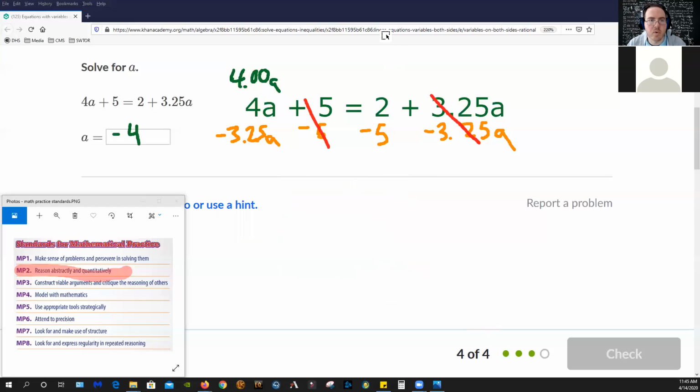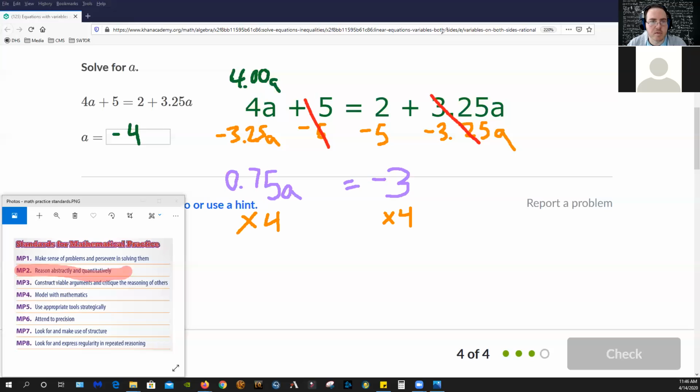Okay, so let's rewind back to where we had 0.75a is equal to -3. And just because I've got an intuition, what happens if you multiply both of these by 4? This should take care of your decimal problem.